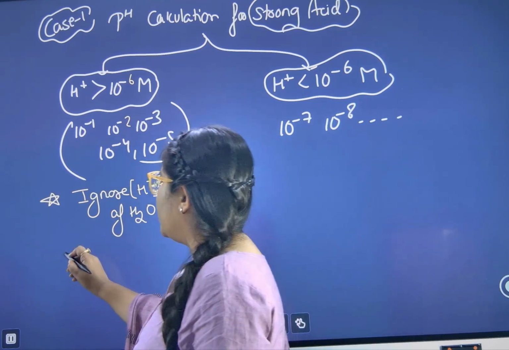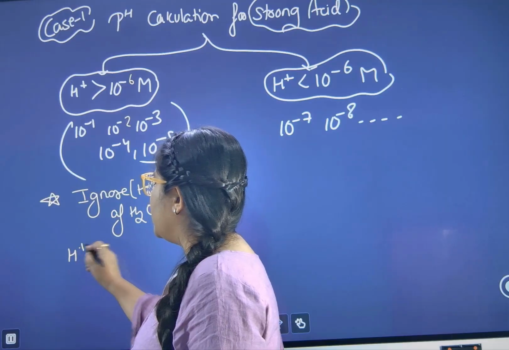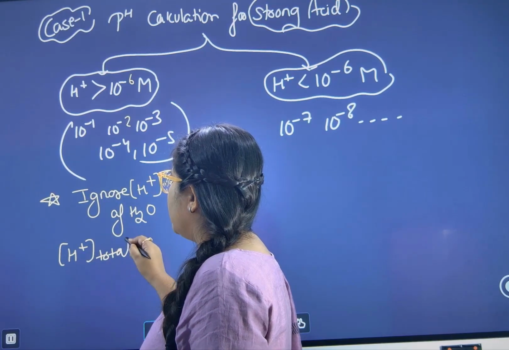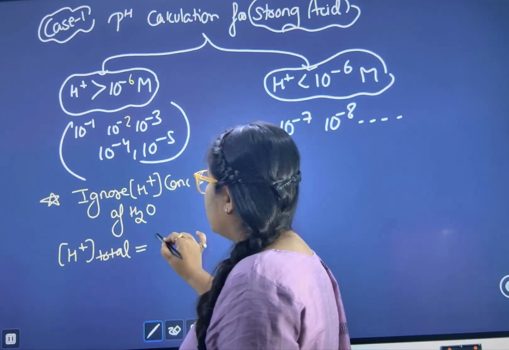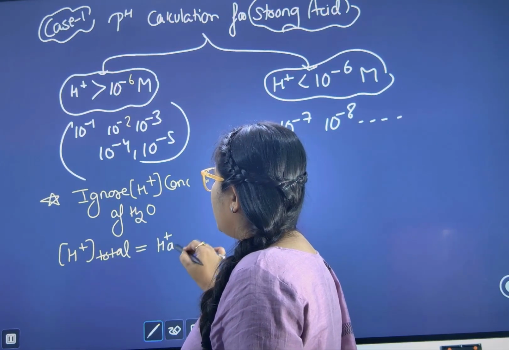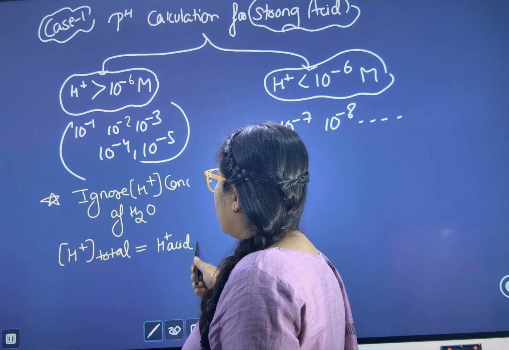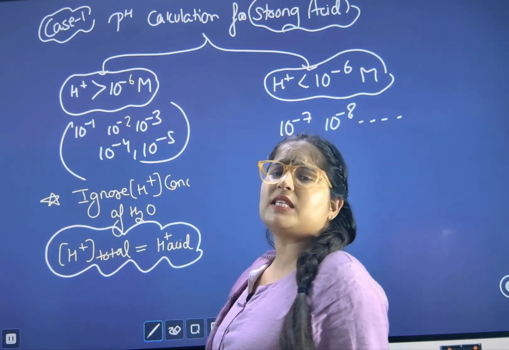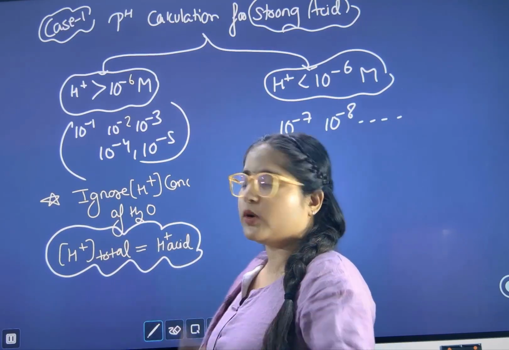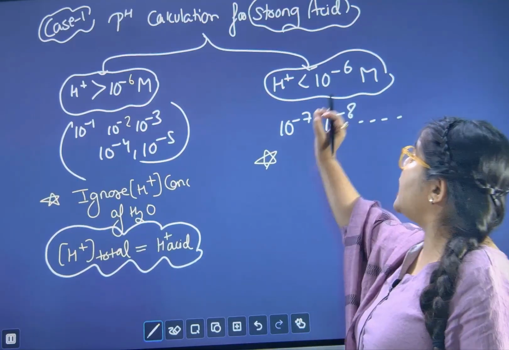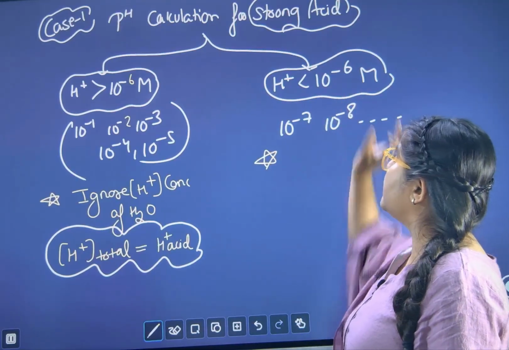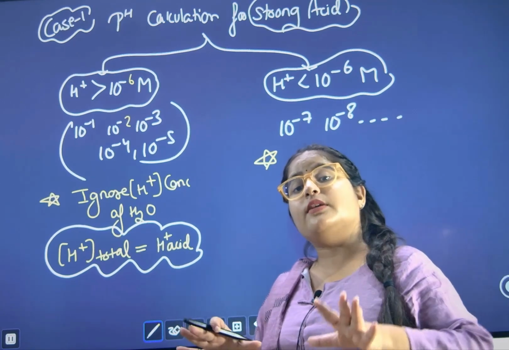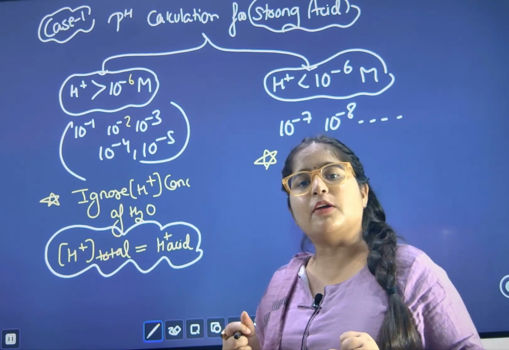Okay. So here the formula will be: the H plus ion total will be equal to H ion of acid. We will ignore the H ion of water. Okay. Here in the second case, H ion concentration is less than 10 to the power minus 6.